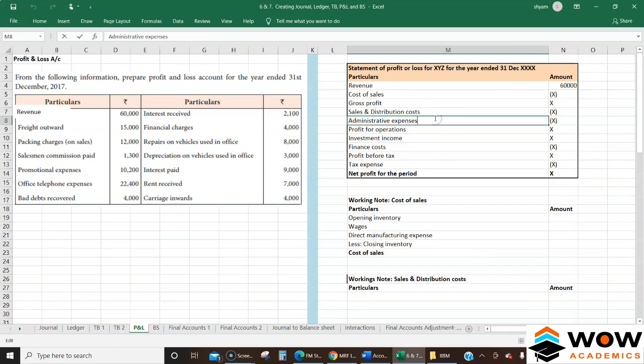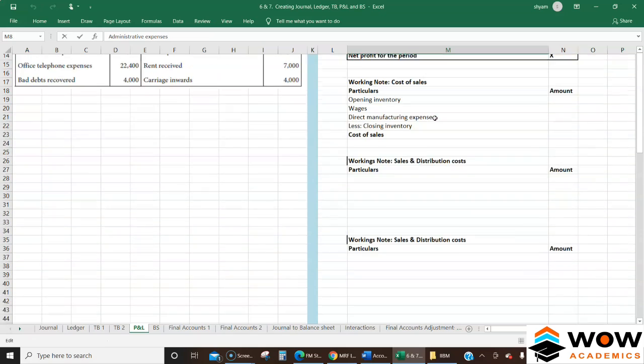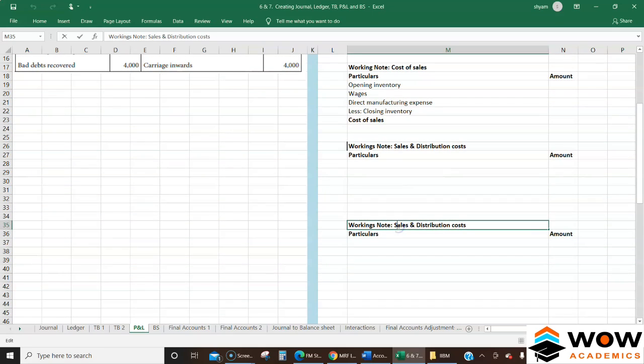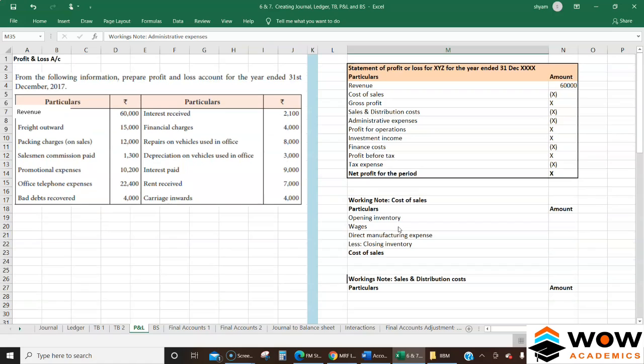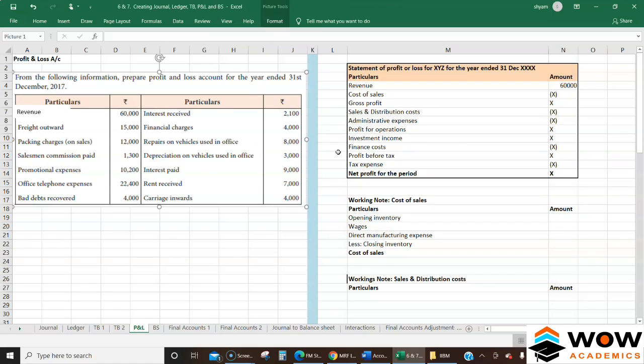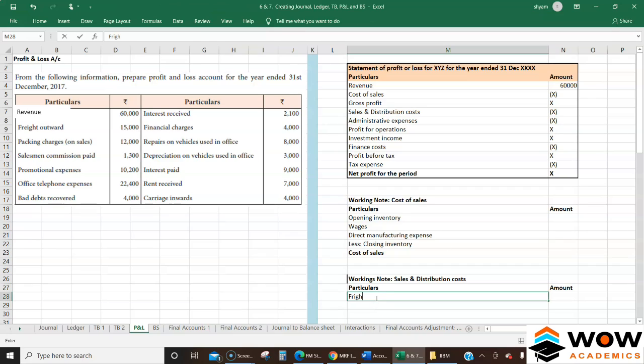So what I'll do is I'll create 3 accounts. Okay, additional working notes. So we'll start. So freight outward is sales and distribution expense. So I'll put it here as 15,000.